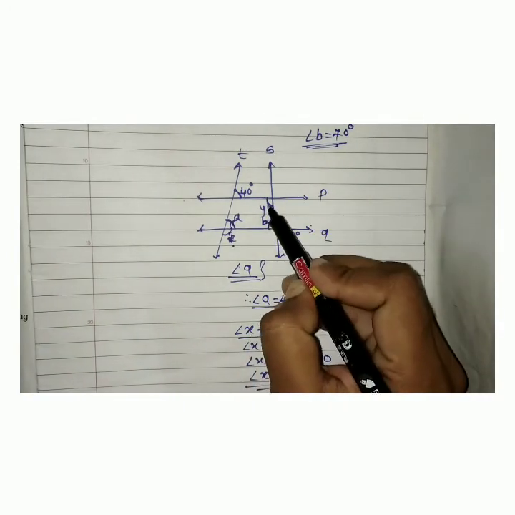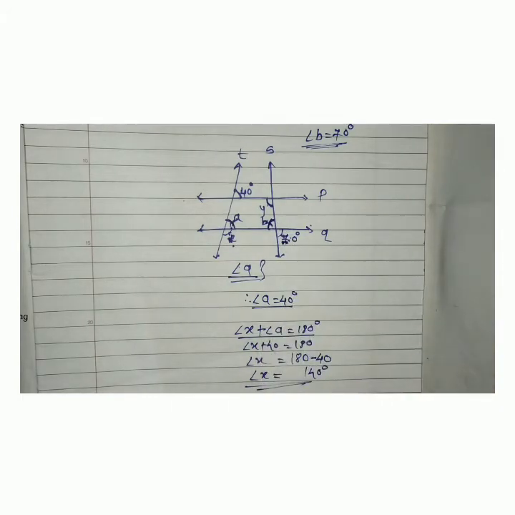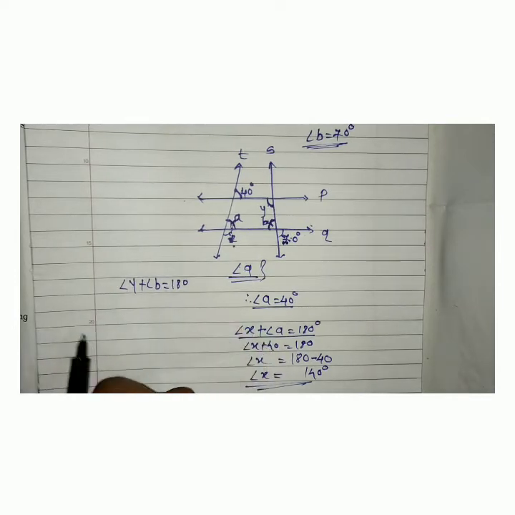Then angle Y and angle B are interior angles, and the interior angles are supplementary. Therefore their sum is 180 degrees, so angle Y plus angle B is equal to 180 degrees.